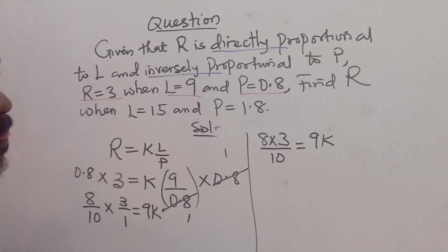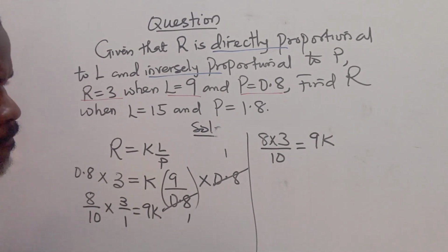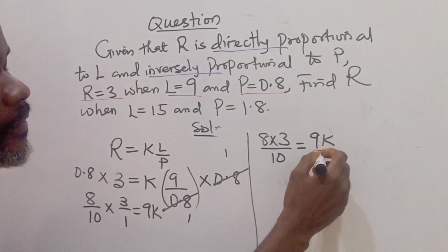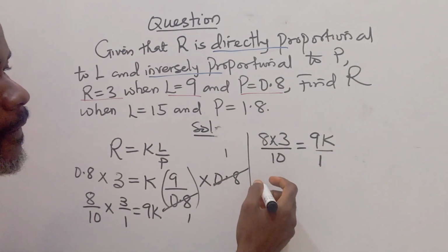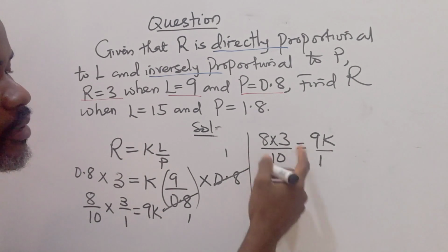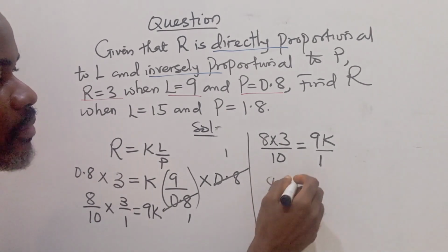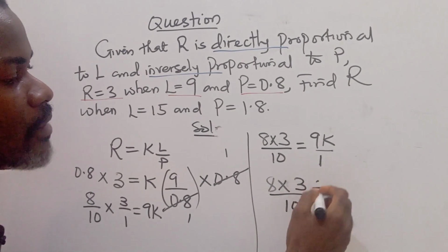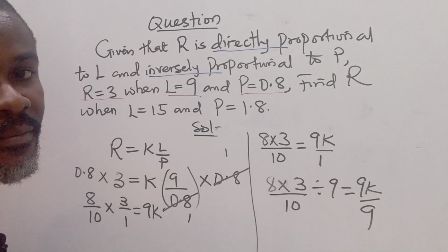Alright, so I'm going to solve this and get K. I'm going to divide both sides by 9. So if I divide both sides by 9, I have 8 times 3 over 10, divided by 9, is equal to 9K divided by 9.